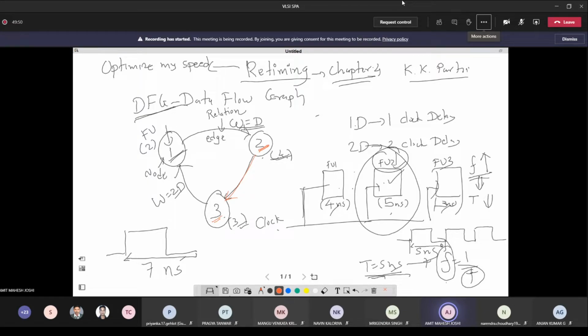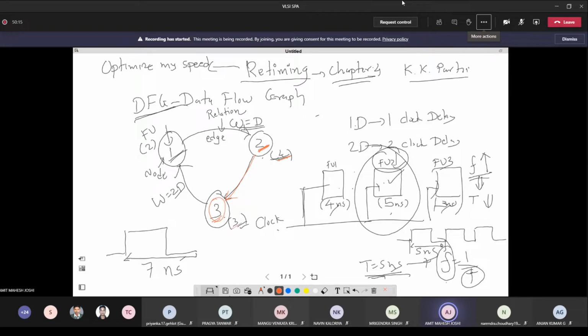Now what I mean by that, if there is no delay, that means this execution has to be completed in the same clock cycle. So node 2 has a delay of, let's say, 4 nanoseconds, and then it will provide the data to node 3.